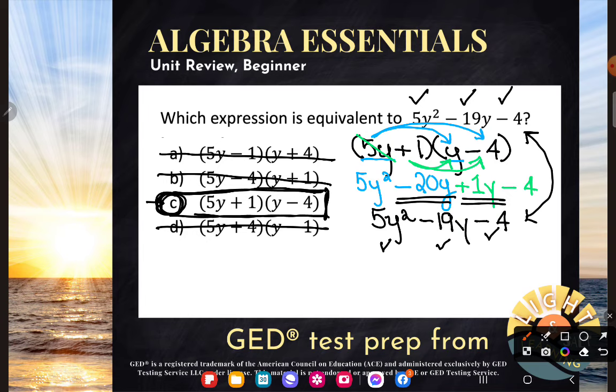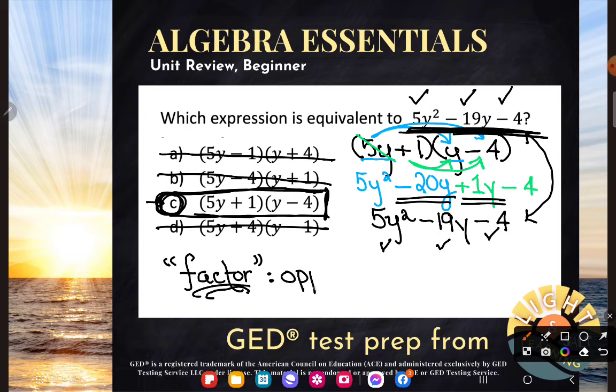And by the way, I am prepping you, whether you realized it or not, for a type of problem that I haven't taught my beginners that does come up on the GED, where you're asked to factor something that looks just like this. And so you can put this in your notes if you're still with me. But factoring is the opposite of multiplying.